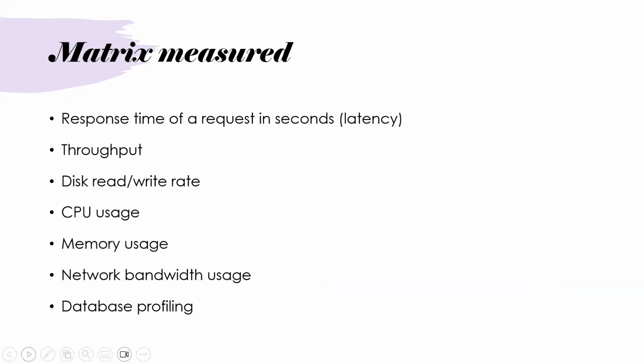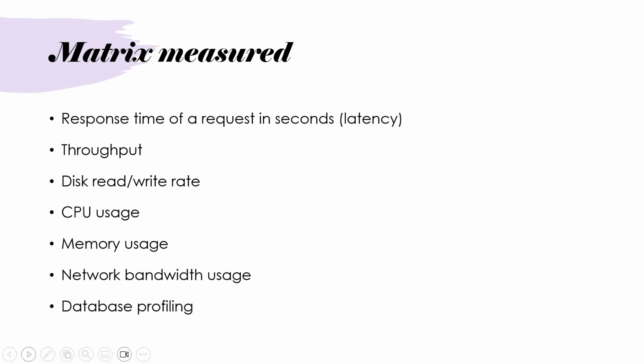Let's see what are the metrics we could measure during these tests. By measuring response time, we can identify the latency. Also, we measure the throughput. We have already discussed what throughput is. Other than that, we can measure the read write rate, which will indicate how many writes and reads have happened.